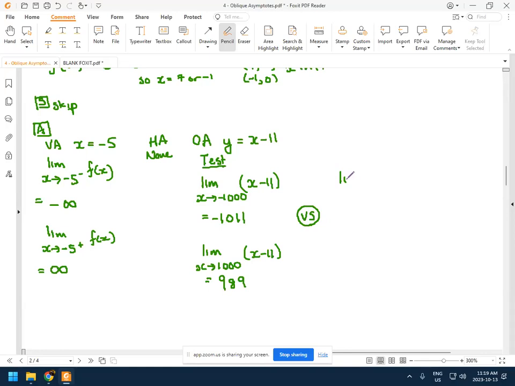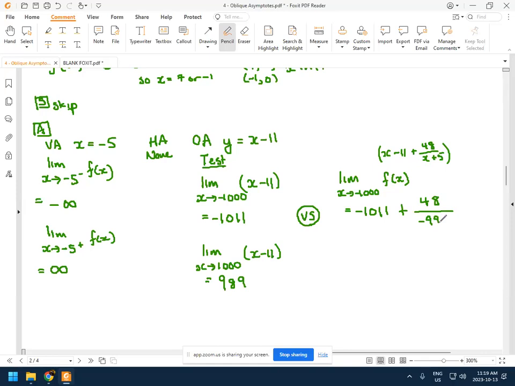Compare that with testing the limit for the function, which is x minus 11 plus 48 over x plus 5. As a reminder, -1000 minus 11 is going to be -1011, plus 48 divided by -1000 plus 5.